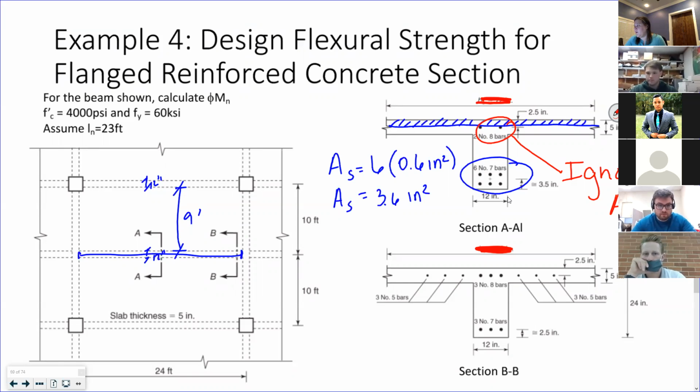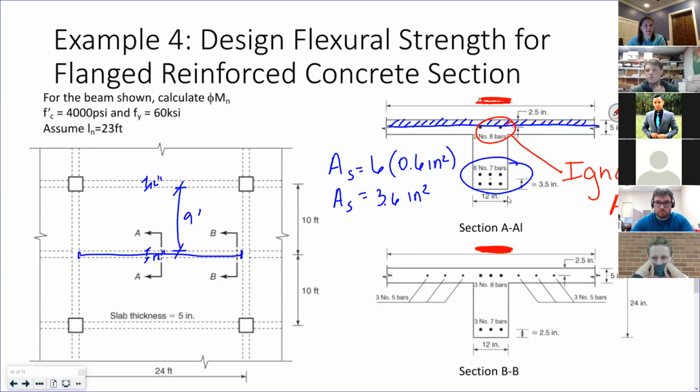In general, ignore it. If you come to find out that your tension steel hasn't yielded, and maybe including that compression steel will yield your tensile steel, you can go and add that in.